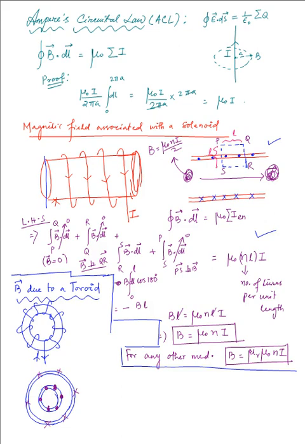So instead of considering the square Amperian loop as taken in the previous case, we consider three concentric circles, and from the three concentric circles, three Amperian loops that is, we will try and obtain the expression for the magnetic field.